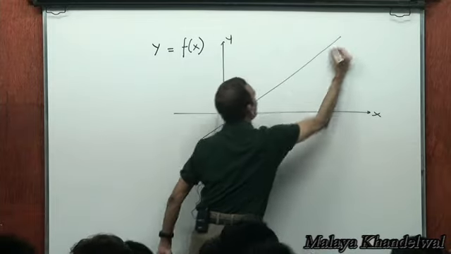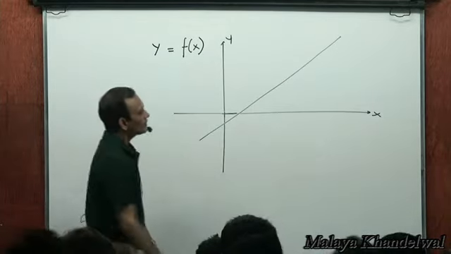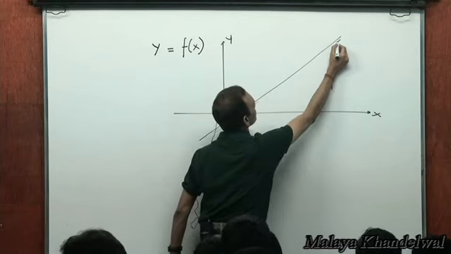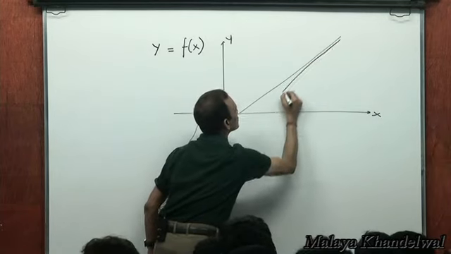If say this is an inclined asymptote to the curve, then what it really means is, this is the curve.